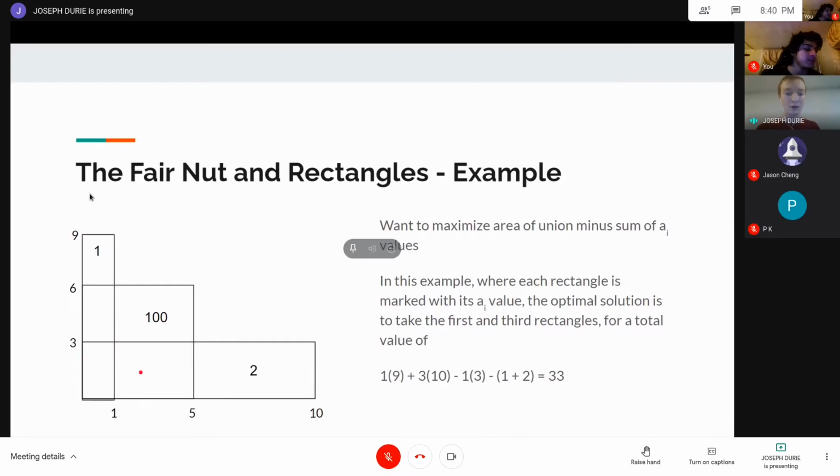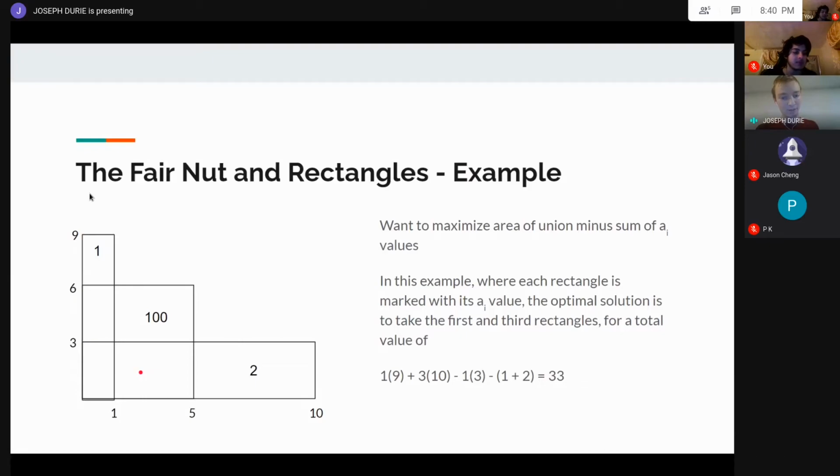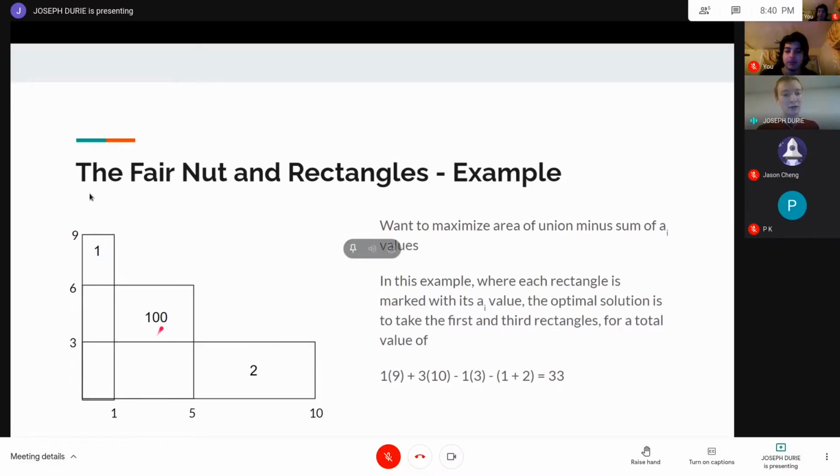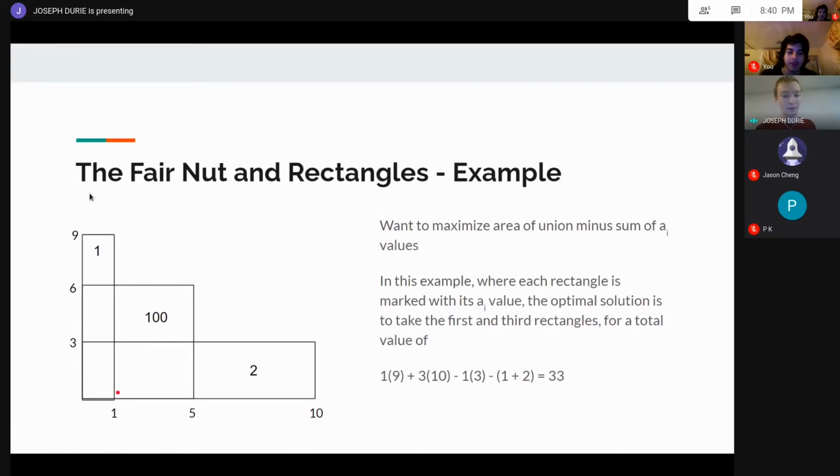So their total area of union is 9 plus 30 minus 3, so 36. And then we also have to subtract out their a_i values. So we subtract out 1, we subtract out 2, and that gives us a total value of 33. So in this case, the answer would be 33. And the reason you don't want to take this middle one is because if you take it, you have to subtract 100 from your answer, and then it's going to be negative.